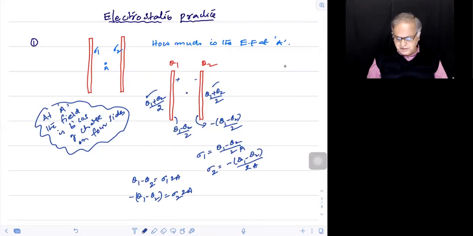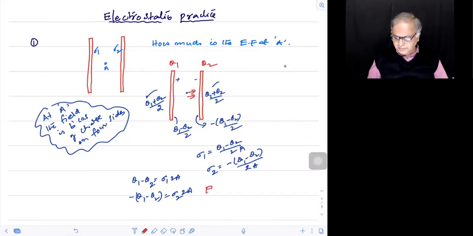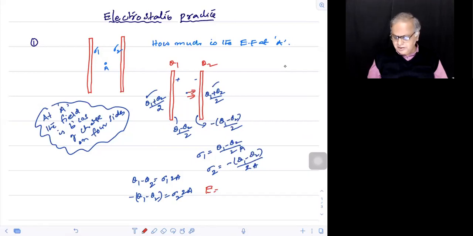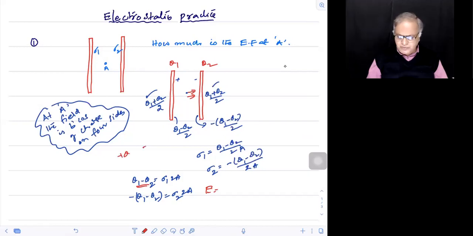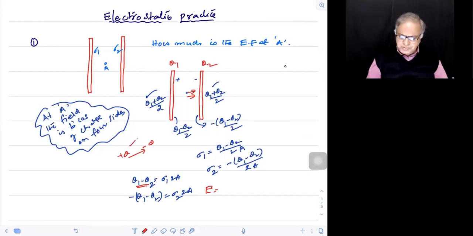So Shreya, proceed. Field of these two will be in the same direction, right? Yes, sir, towards minus. So the total field will be what? 2 times. So you would like to write? Do others agree? Because this is Q1 minus Q2, this is minus of Q1 minus Q2. Right? Yes, sir. Which is Q by 2A epsilon 0 of this, Q by 2 epsilon 0 of this. That's what Shreya is saying.